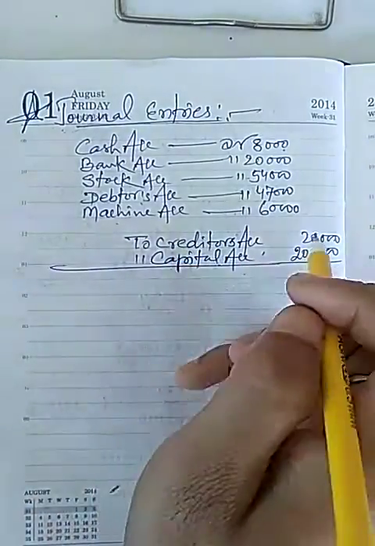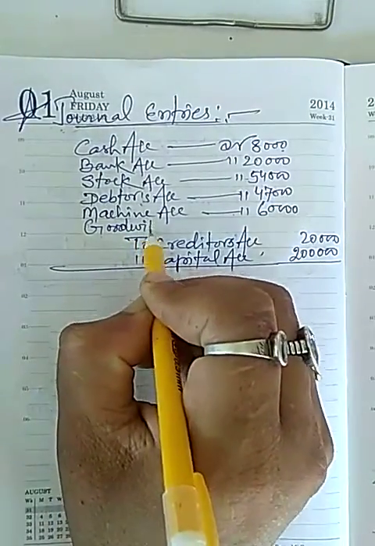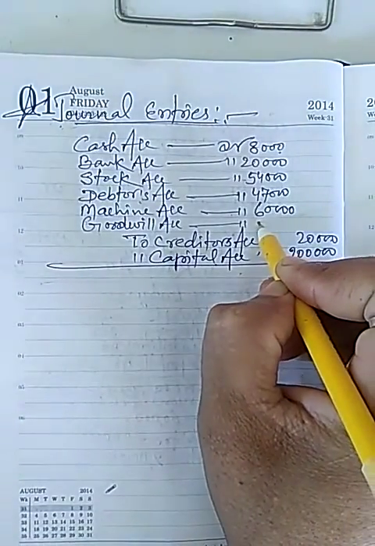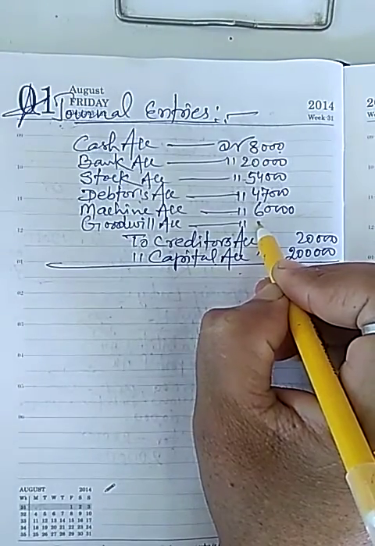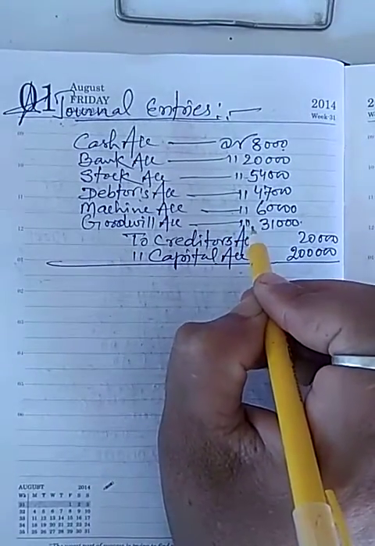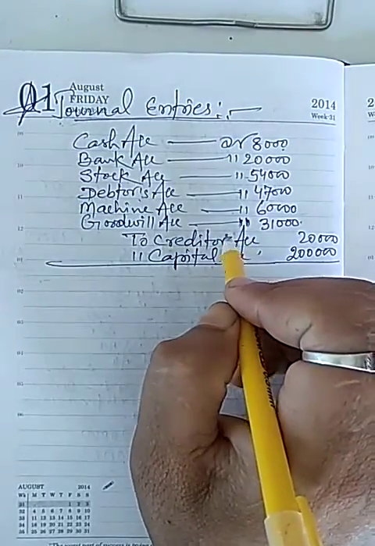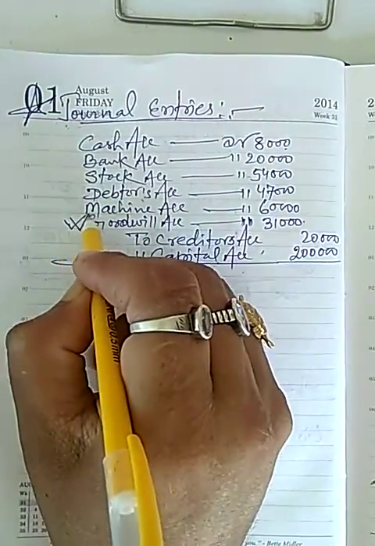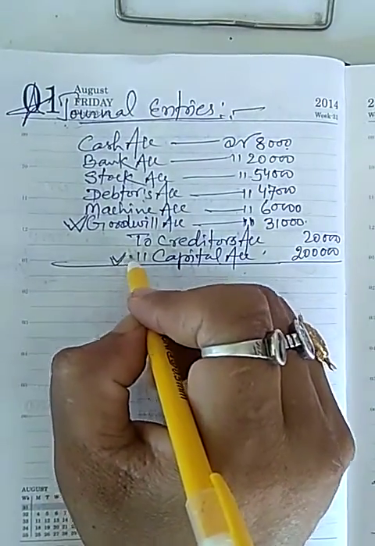So the difference will be goodwill account DR, and therefore goodwill account will be 31,000. So when any difference comes in asset side, we will write goodwill account, and in liability side we will write capital account.